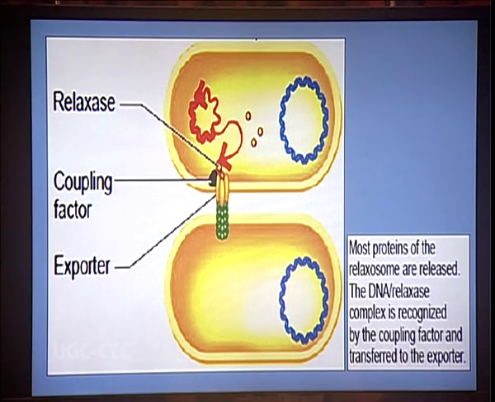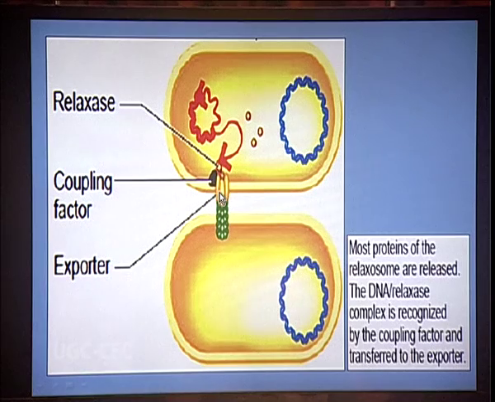This nucleoprotein complex is recognized by coupling factors, and these coupling factors are responsible for introducing the nucleoprotein through the exporter protein. This exporter protein spans the inner and outer membranes of the donor bacteria, and through it the nucleoprotein complex, that is the complex between the DNA and the relaxase, gets entry into the recipient bacteria through the conjugation bridge.